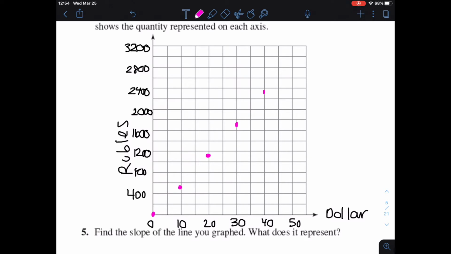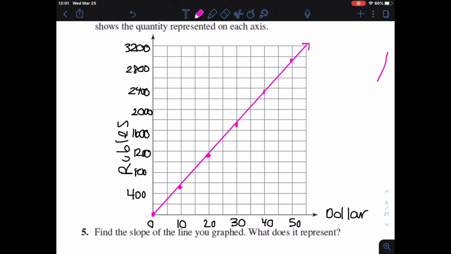And 50 dollars is at 2,920, so right around here. If we look at the line, we're going to get this line giving us the exchange rate between US dollars and rubles. Okay.